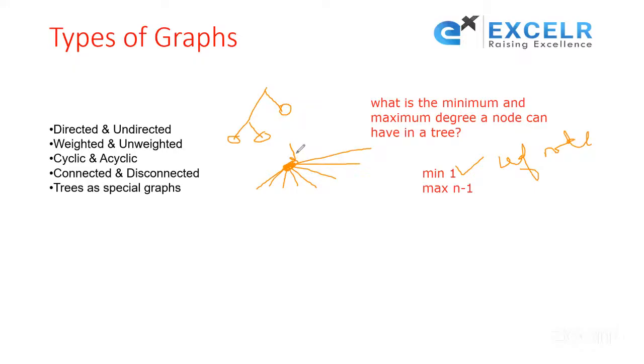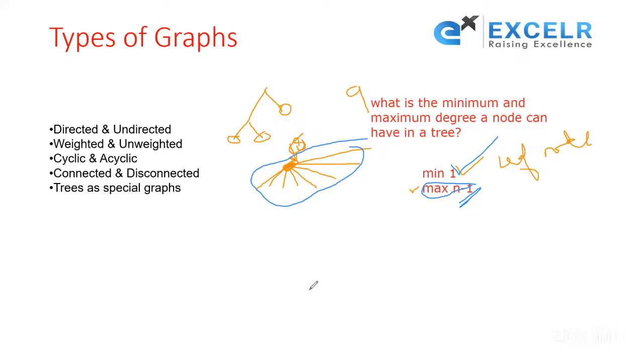It is 8, n minus 1. So it can have n minus 1 maximum, and we call it a star representation. So for a graph, the minimum degree is 1 and the maximum it can carry is n minus 1.